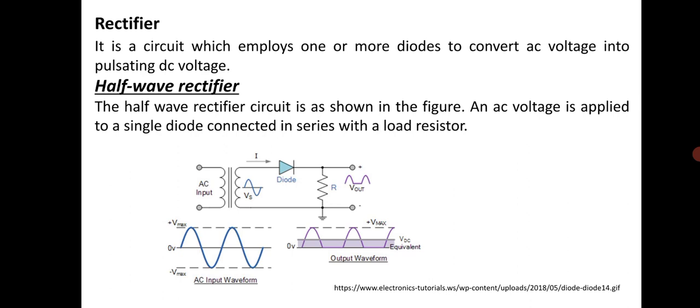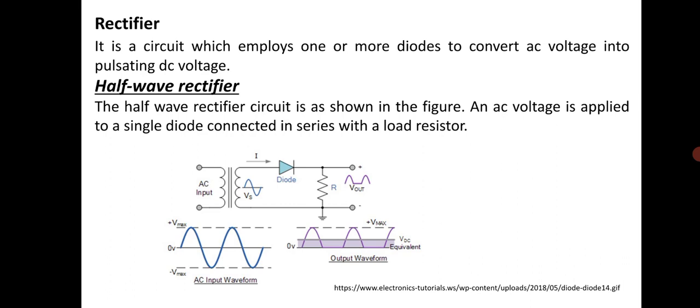During the positive half cycle, the upper part of the secondary becomes positive and the lower end of the secondary is negative. Because the upper end of the secondary is positive, the diode becomes forward biased and conducts the current.